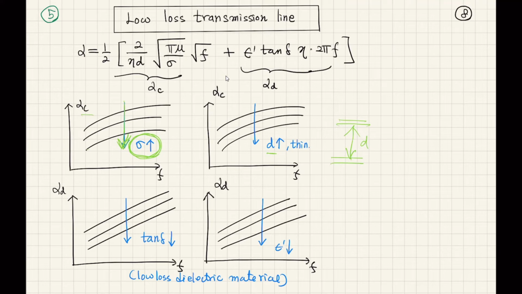But anyway, if you increase the thickness of your dielectric material, the conductor attenuation constant will be decreasing. Also, another important observation is that if we reduce the loss tangent, the dielectric attenuation constant will decrease.